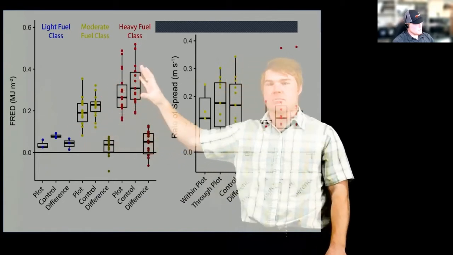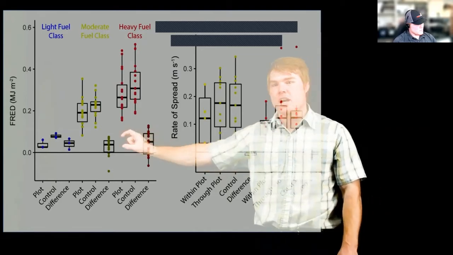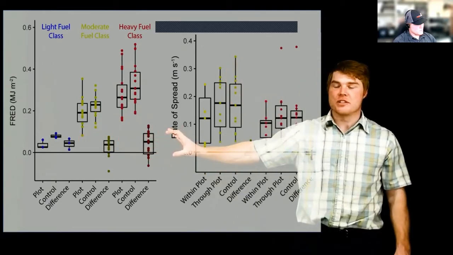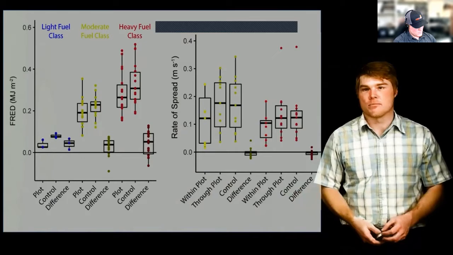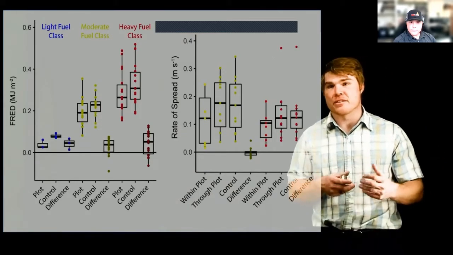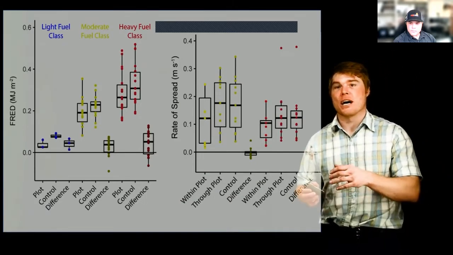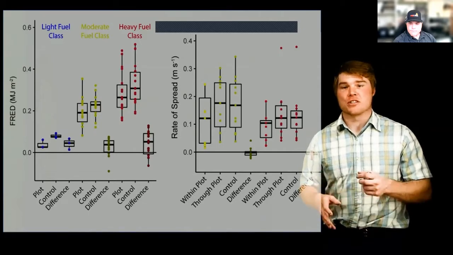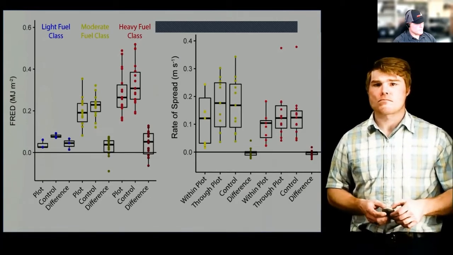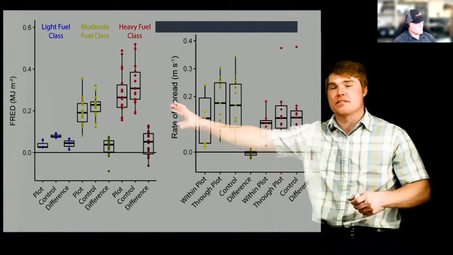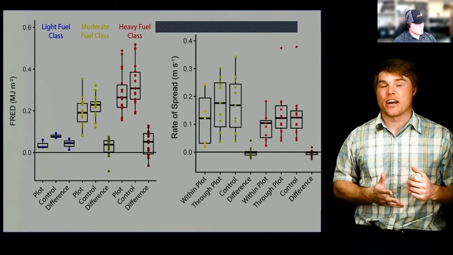Of course, energy goes up as you have more fuel loading, but the differences between the control and the plot were the same, even though we knew the degree of change in arrangement was larger in the heavy fuel class compared to light. So what's really interesting is that difference: there was no significant pairwise difference by fuel class. Looking at just control and plot, like I mentioned, there's a 15% increase in the control. So, cool results: a localized difference in energy, but no lasting effect on the fire itself.